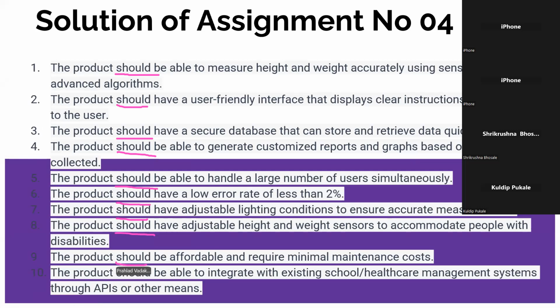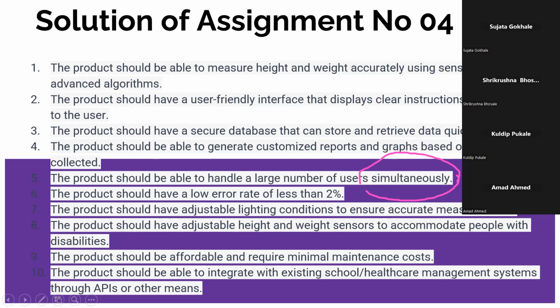And measure height, weight accurately using sensors and advanced algorithms, user-friendly feedback, secured database, retrieve quickly, customized reports. So able to handle a large number of users. I don't know whether it's simultaneously, but one after the other. Simultaneously may be wrong.